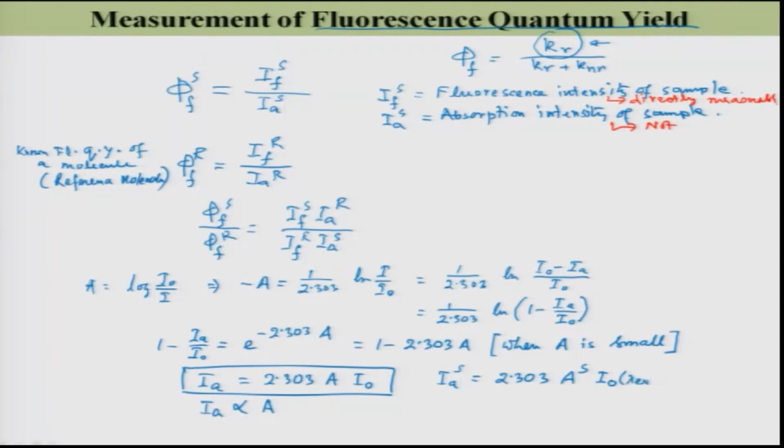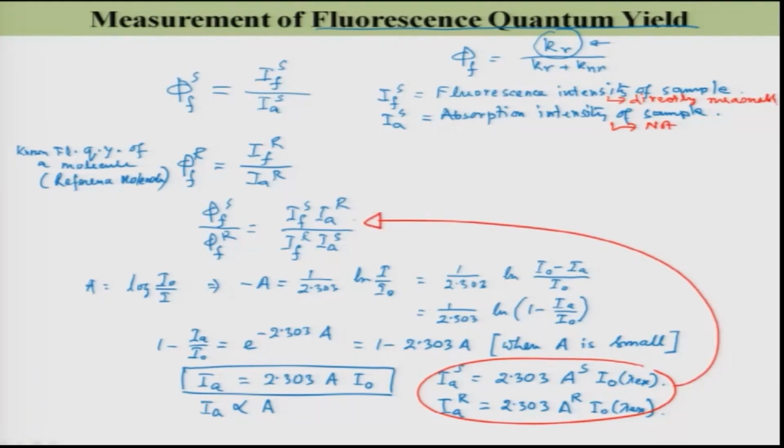Similarly, I can write I_A of R, that is the reference, is 2.303 absorbance of this reference into I_0, at that lambda excitation. So, now I will replace these two in this equation here, I_A^S, right, I am going to replace it.